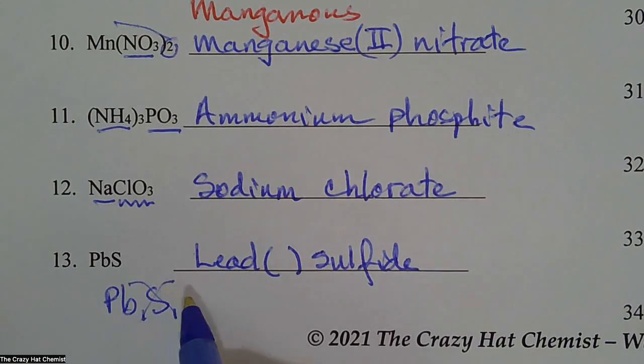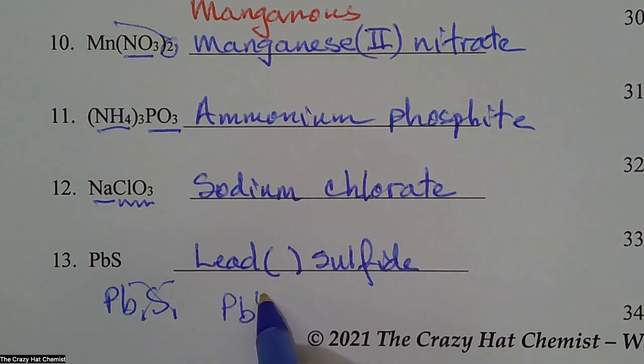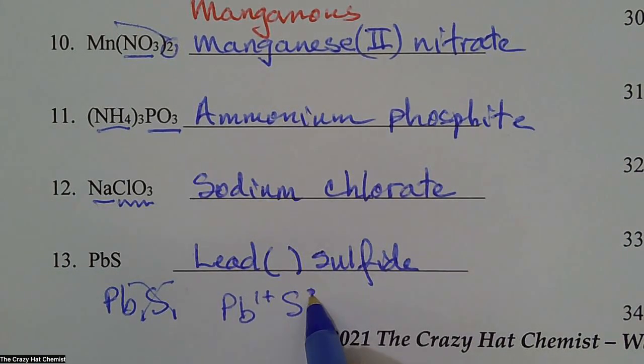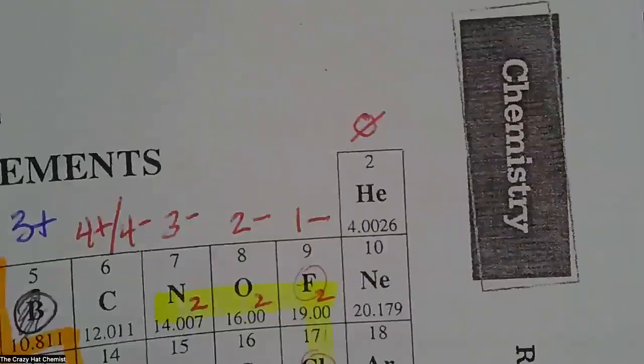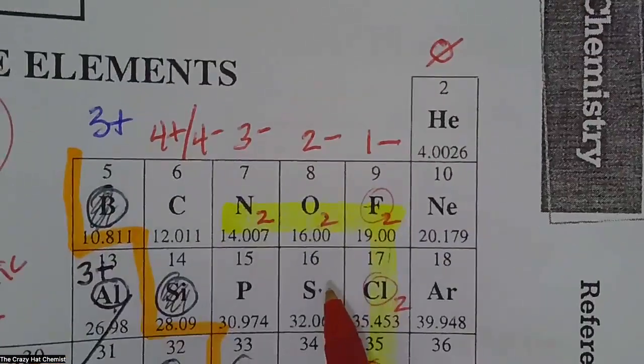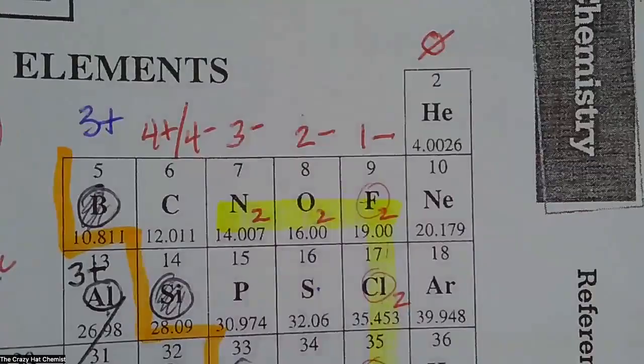I'm going to flip them up, and I get a Pb1+ and an S1-. Now, there is no S1- charge. So that means that this must be a 2- charge because I just showed you on my periodic table, the periodic trend for a sulfide is a 2-.